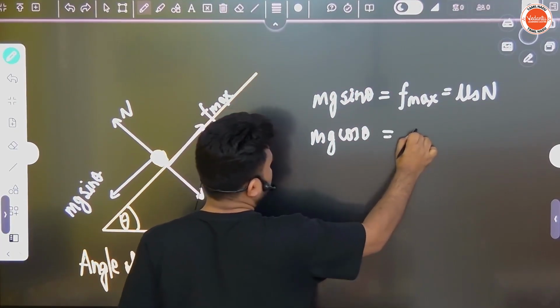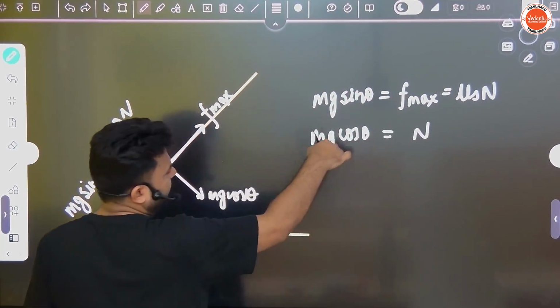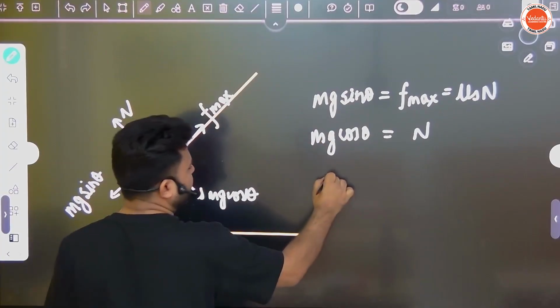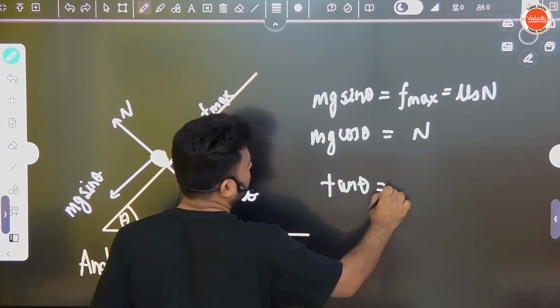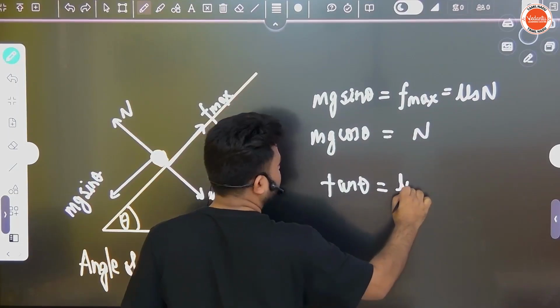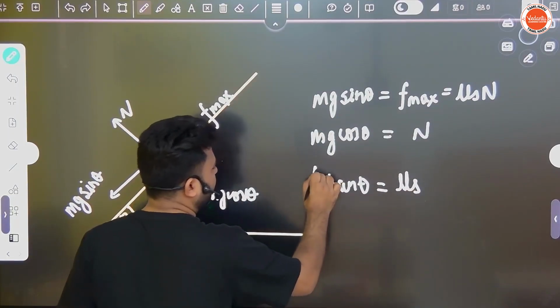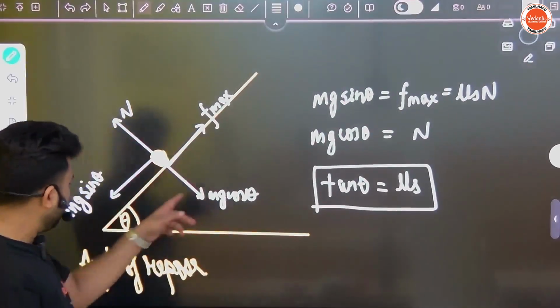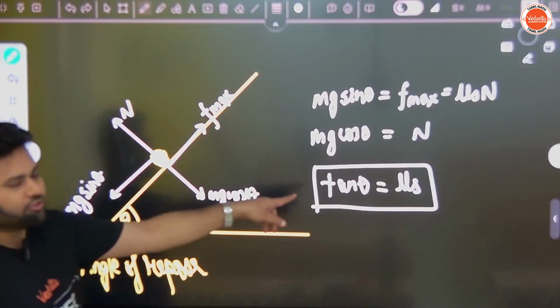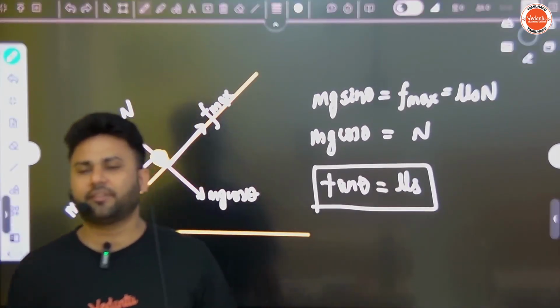Again if I divide, mg cancels, sin theta by cos theta is tan theta, equals, N cancelled, mu s. See, almost the same kind of formula. Tan of angle of repose is also equal to the coefficient of static friction.